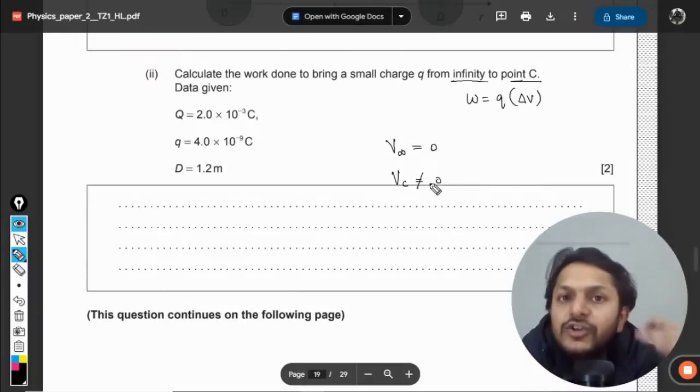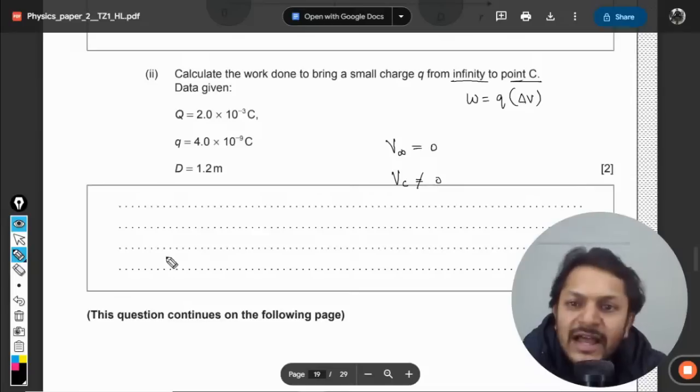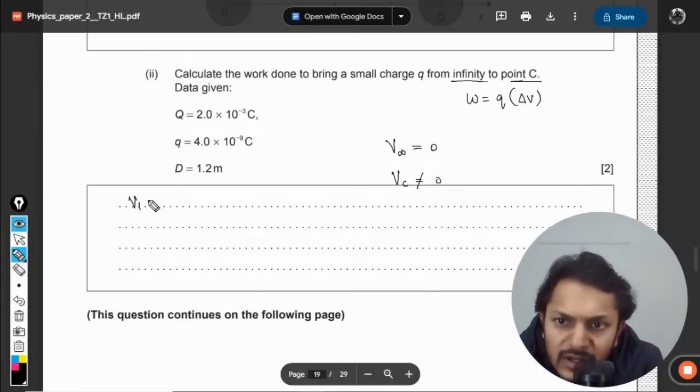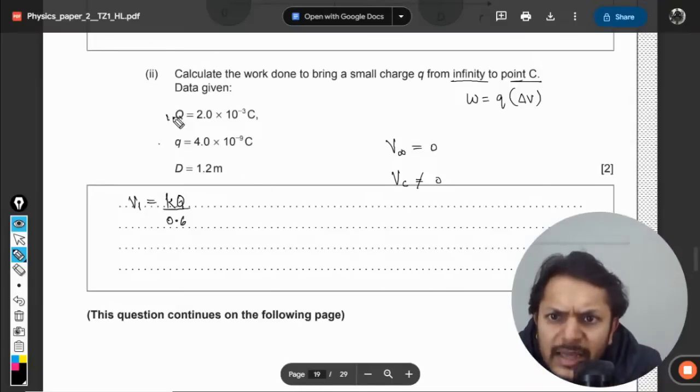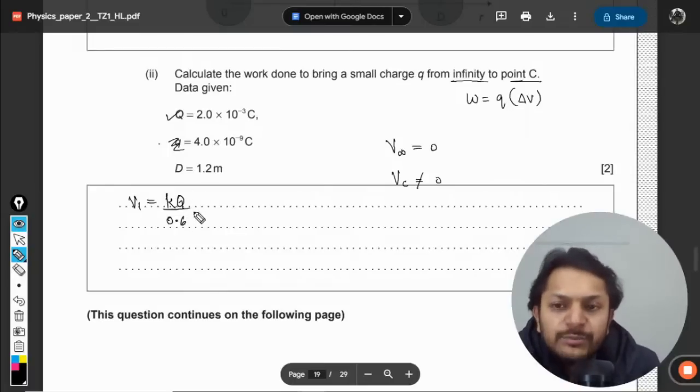So we will first find the value of V1, then V2, and then we will add them. V1 will be KQ divided by R, which will be half of this, 0.6 meters, so 0.3. Capital Q will be taken, not the small q. The source charge is important here. This is the potential because of the first charge.